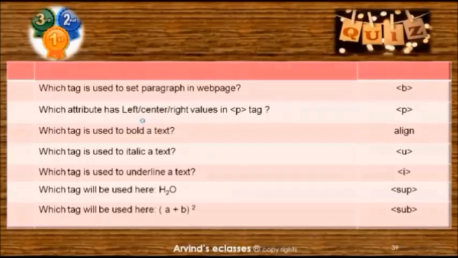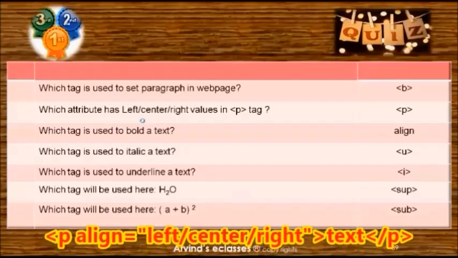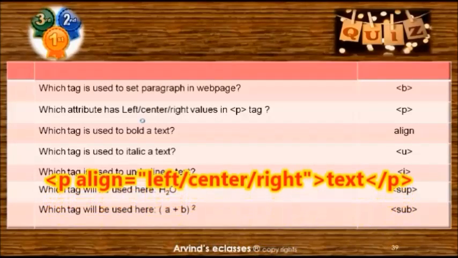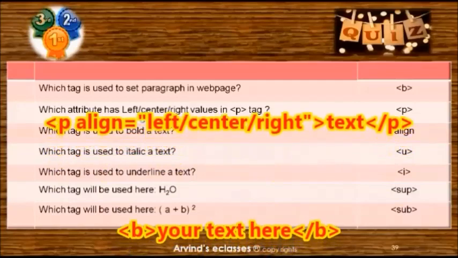Next, there is a quiz that is waiting for you. So before starting the quiz, we take one recapitulation of what we did in this tutorial. First of all, we did the paragraph tag, and the paragraph tag has one attribute, that is the align attribute, which has three values: left, center, and right.